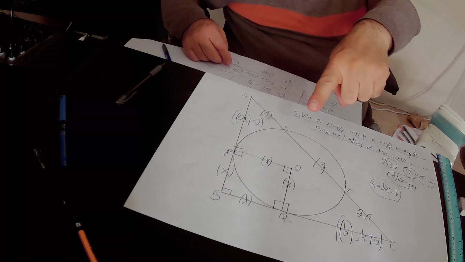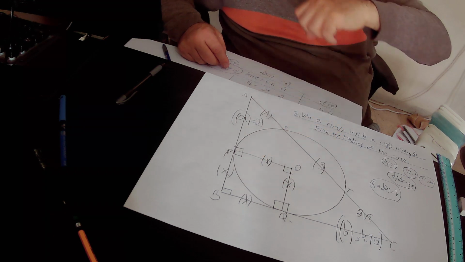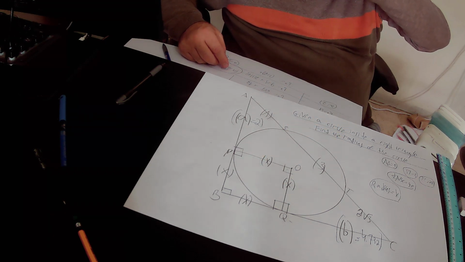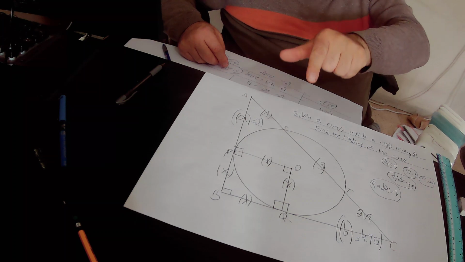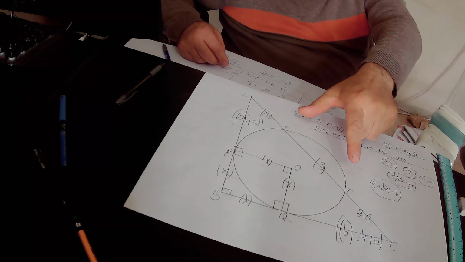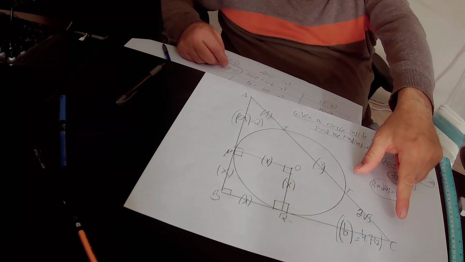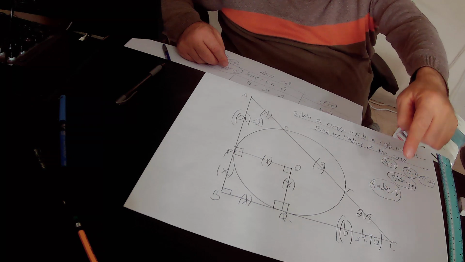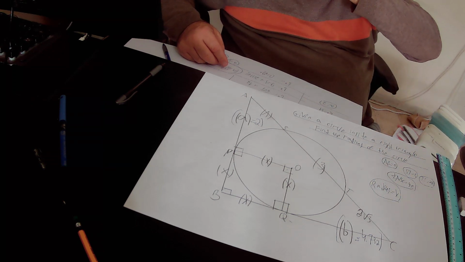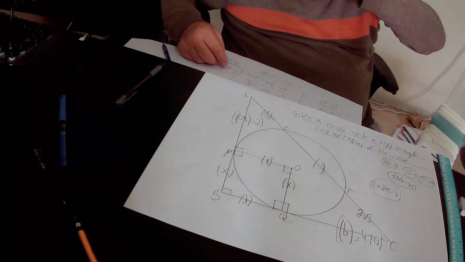In the right triangle ABC, this is angle ABC, the right angle. We know also that the length of line segment AS is 1, the length of ST is 3, and the length of TC is 2 times root 3 units. Again, our mission is to find the radius of this circle.